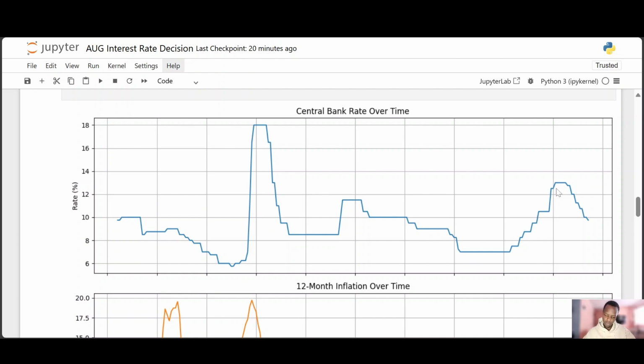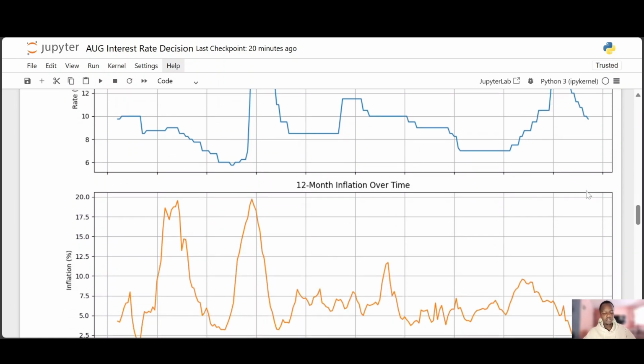Then it went up again, and it's been decreasing over a while right now. You can see there's a kind of a cycle where it decreases, then increases, then decreases again, remains constant, increases again, remains constant, and decreasing at an interval, then rising again, and then decreasing. Okay, so you can see that pattern.